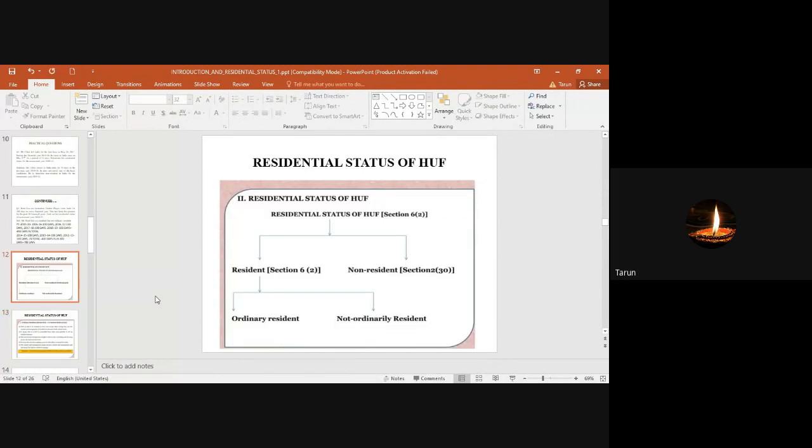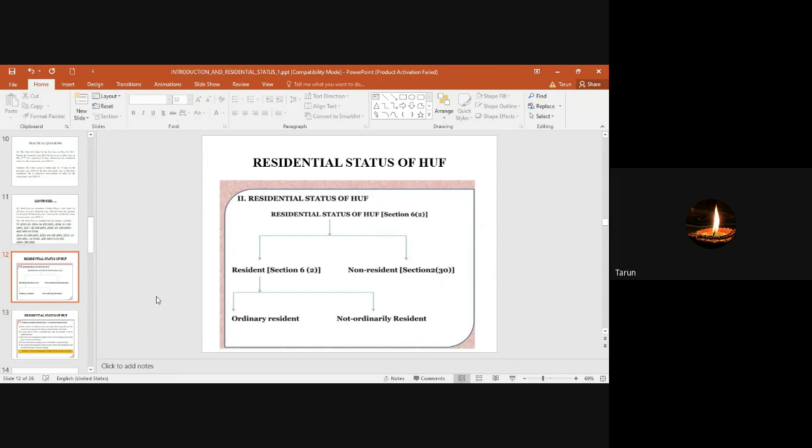Now we talk about the residential status of a Hindu undivided family. As I already told you, the classification into resident or non-resident, ordinary or not ordinary, applies in the case of individuals and Hindu undivided families only. The rest of the categories of persons are only resident or non-resident. So let's talk about the residential status of a Hindu undivided family.